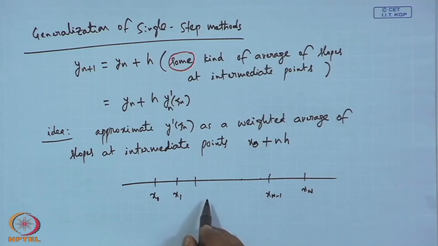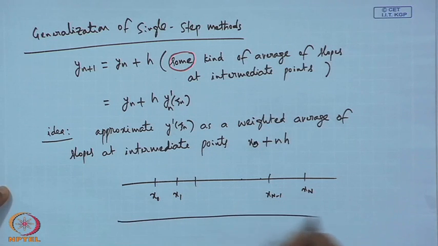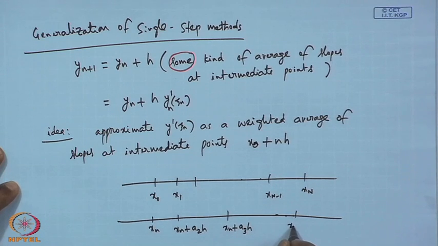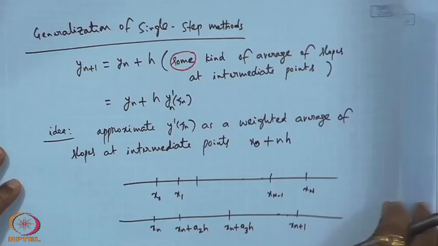If you want to generalize this, maybe this is x n, then this is x n plus a 2 h, then x n plus a 3 h, then somewhere we get x n plus 1, that means we have changed slightly.